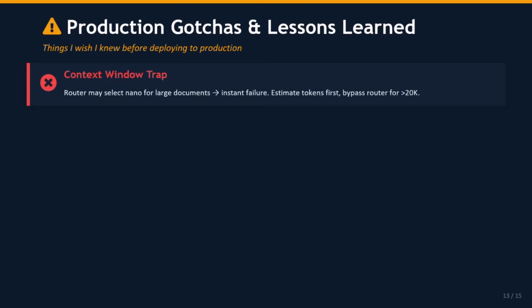The same document works next time because a different model gets selected. So intermittent failures are the worst kind. Our fix: we estimate the token count before sending. If it's over 20K tokens, bypass the router entirely and use a static GPT 4.1 deployment.